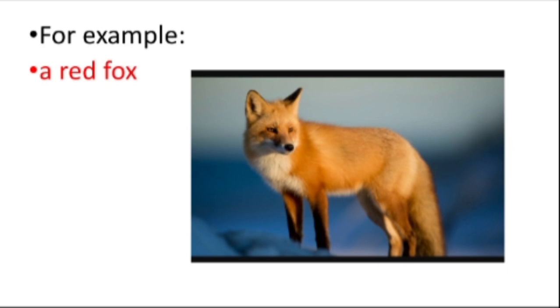For example, a red fox. Now, this is just a group of words. It does not have a subject, it does not have a verb, and it doesn't make a complete sense. So, it is known as a phrase. Have you all understood? Yes.